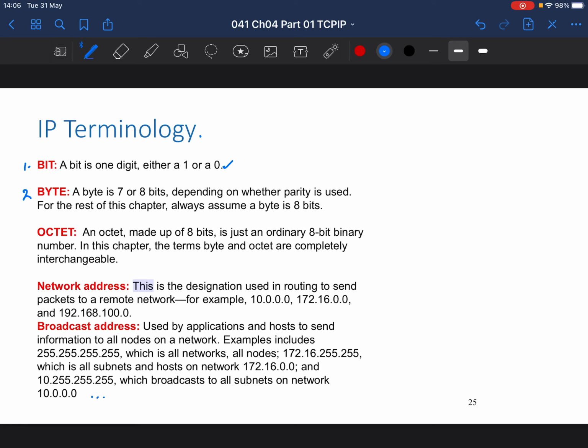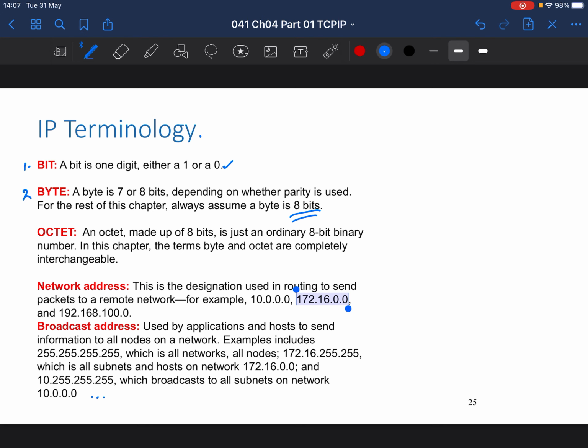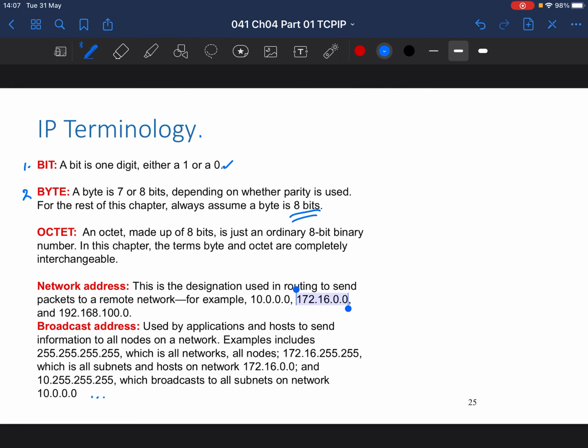Second is byte. A byte is 7 or 8 bits, depending on whether parity is used. For the rest of this chapter, always assume a byte is 8 bits. So normally 1 byte is 8 bits.